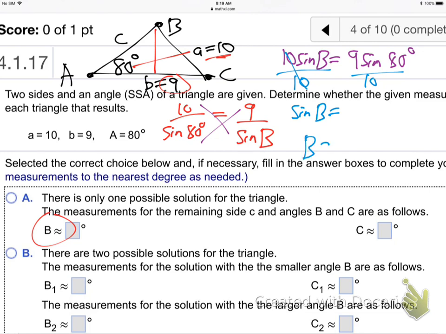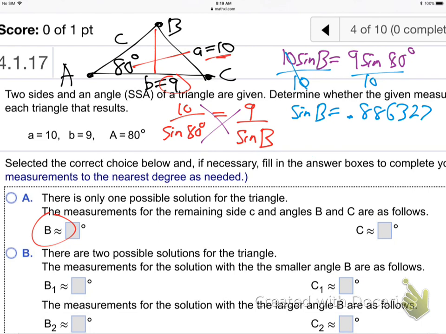First degree mode, yeah. So 9 sine 80 divided by 10 equals 0.886327.